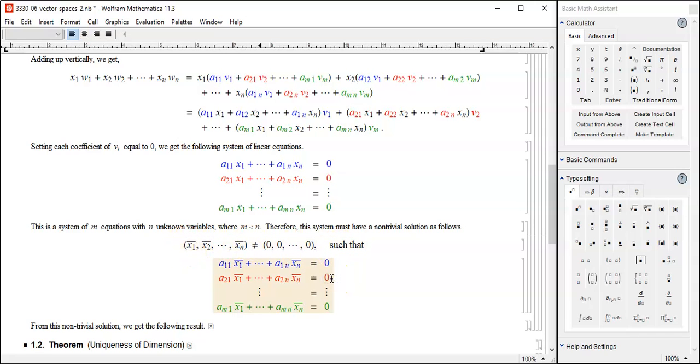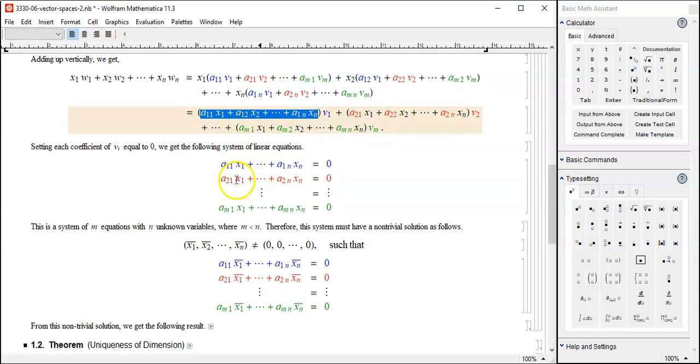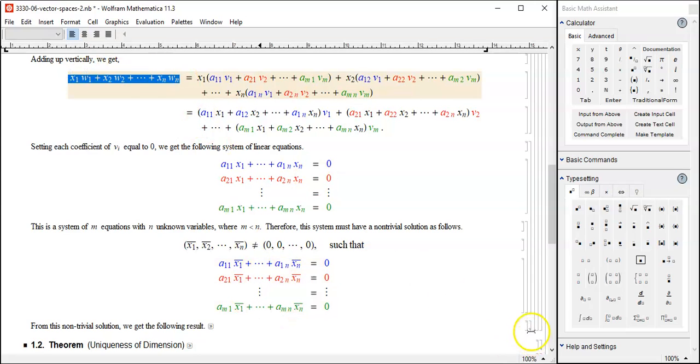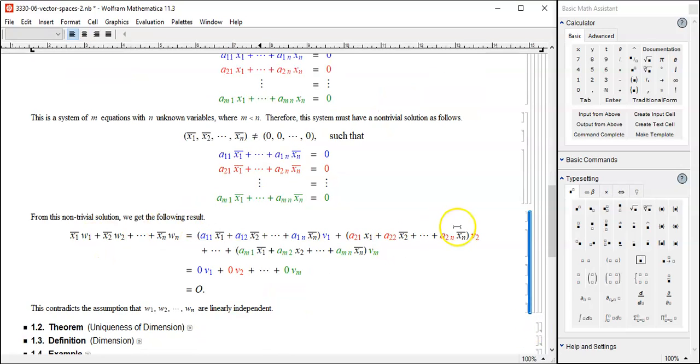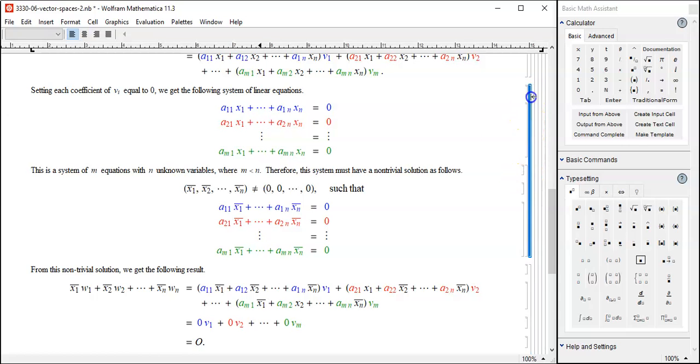How does that help? Let's go back to here. x1 w1, x2 w2, plus all the way up to xn wn equal to that, and each coefficient became an equation of the system, right? And now we have solutions, so we're going to put those solutions back into these. In particular, I'm talking about this. Can we see this in the same viewing window?